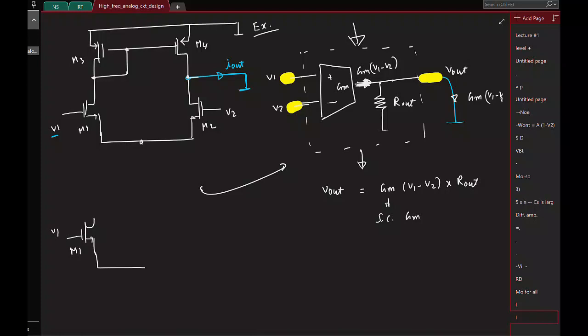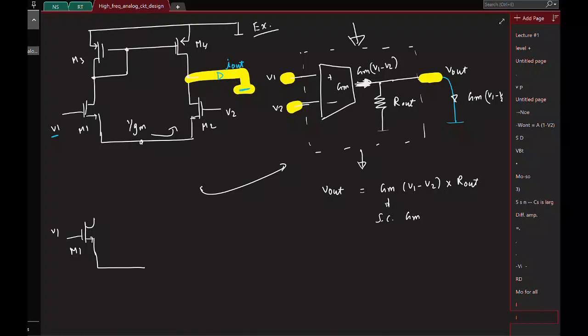And looks like at the source there is some impedance here. So what is the impedance looking here? 1 over GM, and please remember it's 1 over GM because the drain here is a short. So at the drain side the impedance is 0.